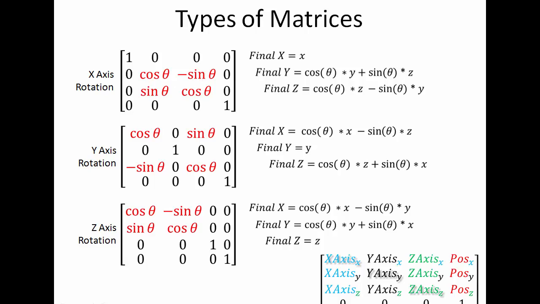The cosine of the rotation angle that would be multiplied by the original x is actually getting multiplied by the x-axis here, and the negative sine of the rotation angle is getting multiplied by the y-axis.